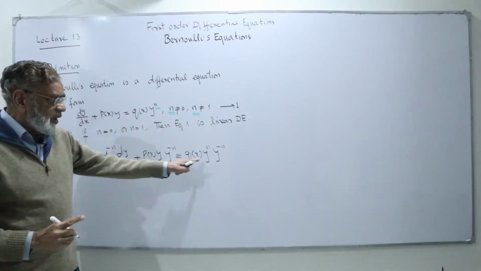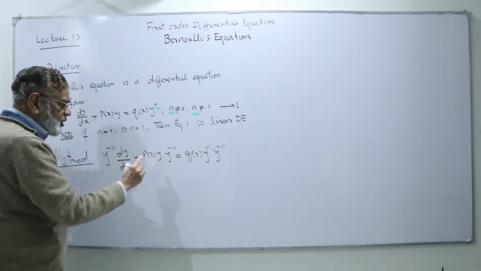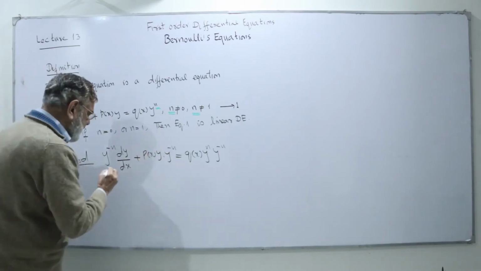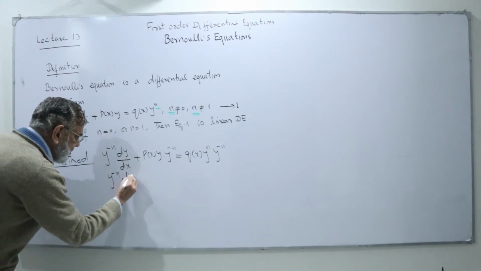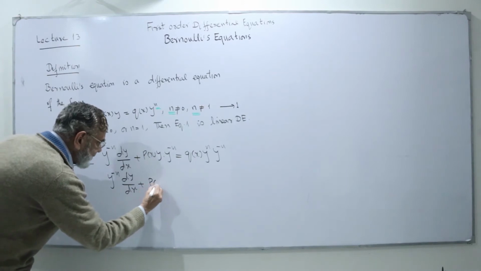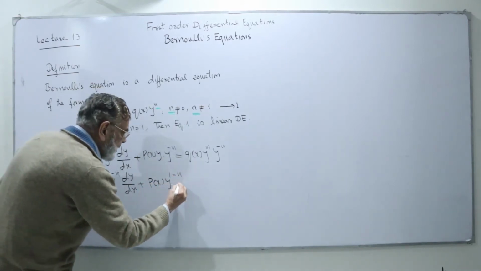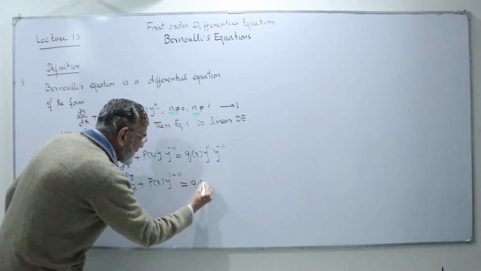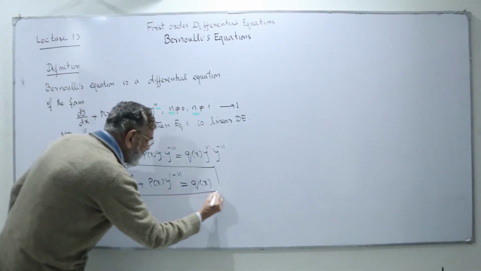We can see here y to power n and y to power minus n become y to power 0, that's equal to 1. And here y into y to power minus n, we get 1 minus n. So you can rewrite this one: we get y to power minus n dy by dx plus p(x) y to power 1 minus n is equal to q(x).